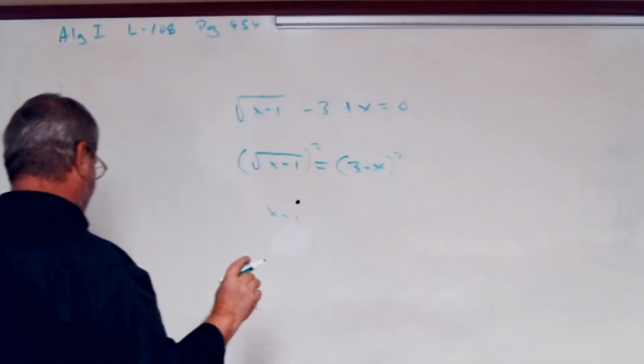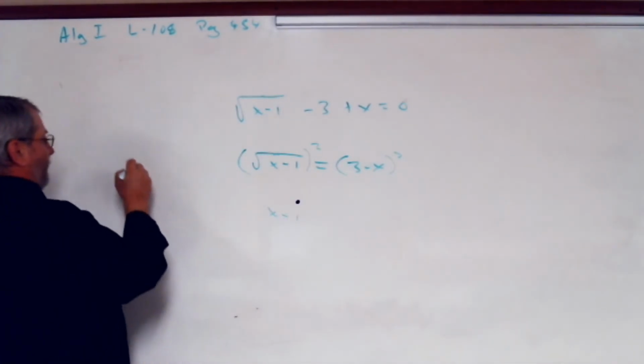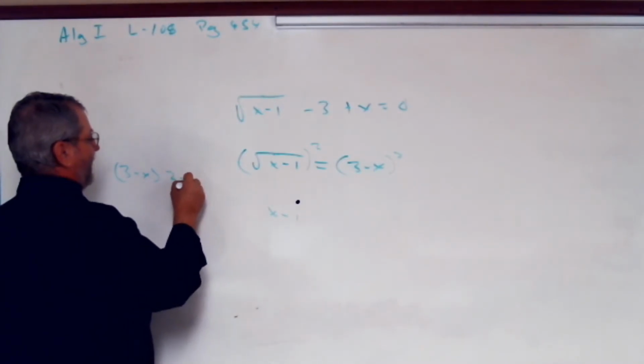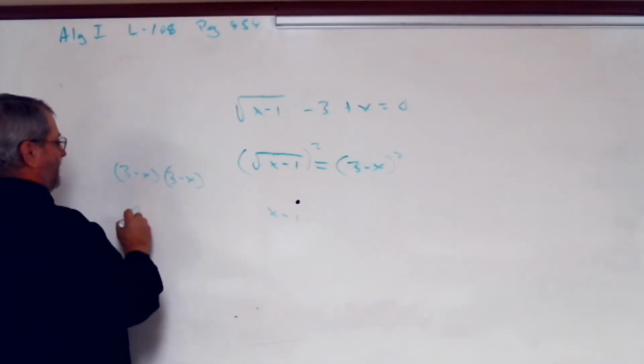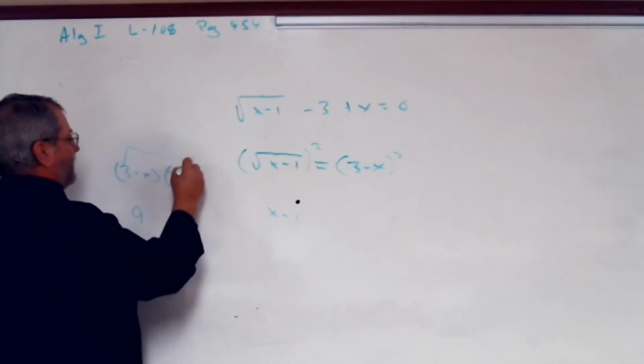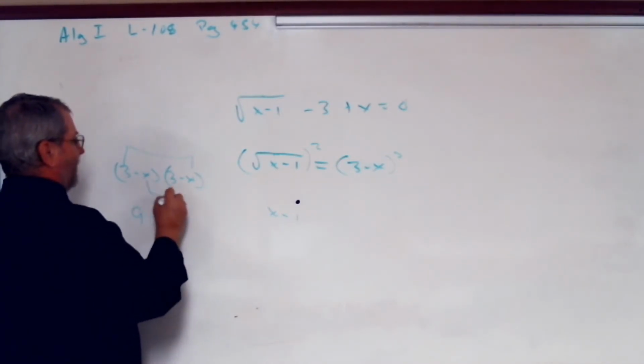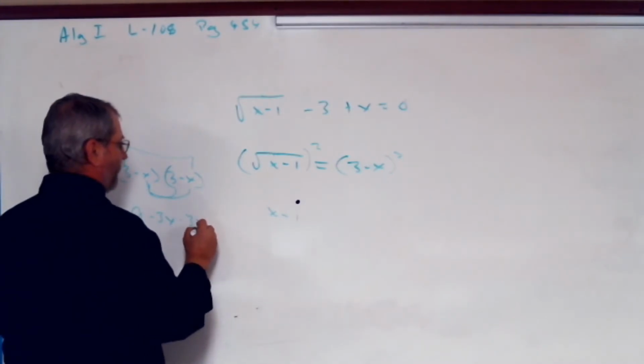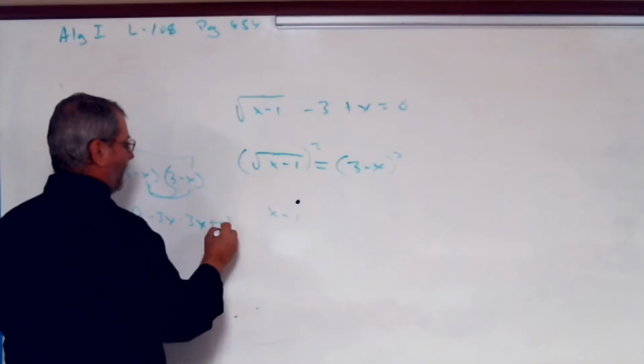When you square this thing, there's this thing called a middle term. It's 3 minus x, 3 minus x. 3 times 3 is 9. 3 times here is minus 3x, minus 3x, and this is plus x squared.